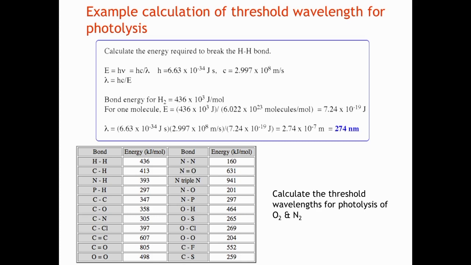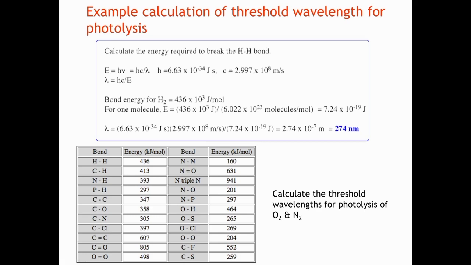So what's the energy of a photon? How do you calculate it? What's the H in the first? Planck's constant.